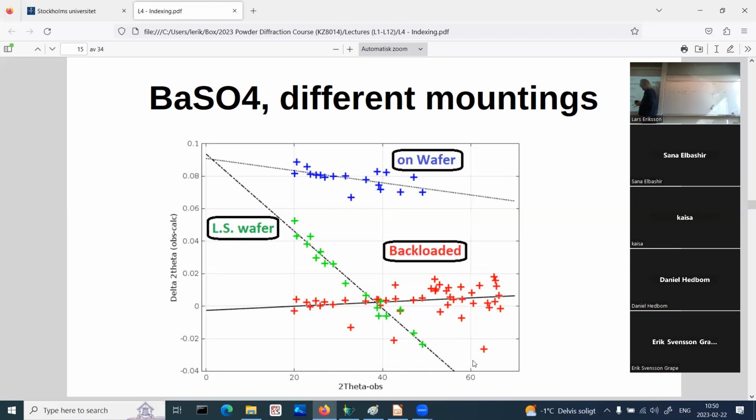Here you see that the deviations are plus minus 0.02 degrees. But it's much, much better and less varying than putting them on.